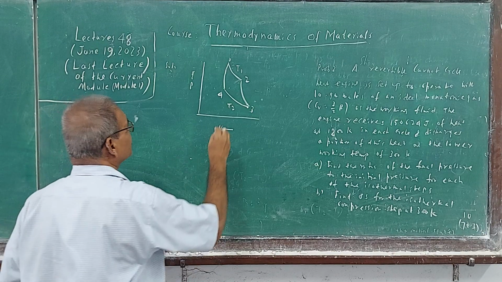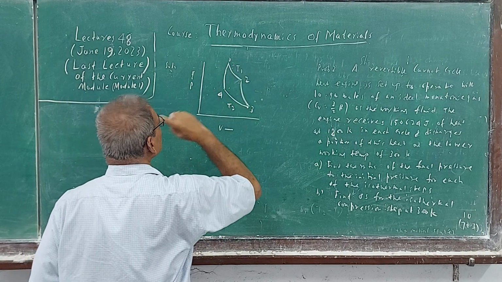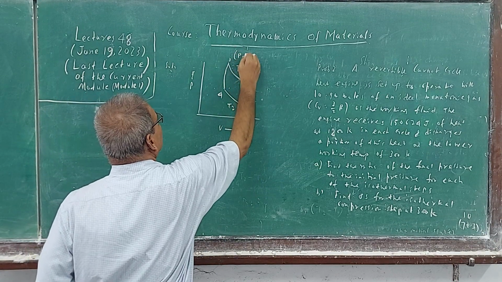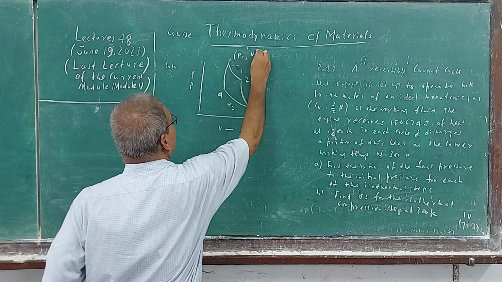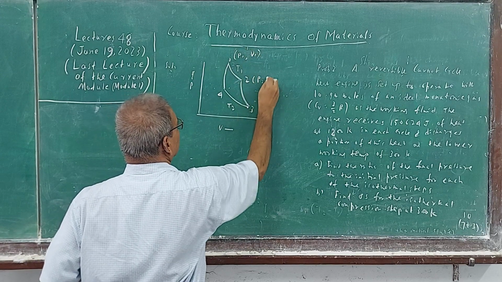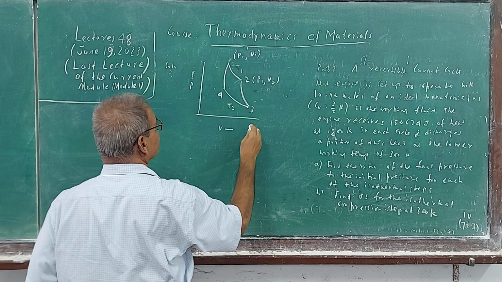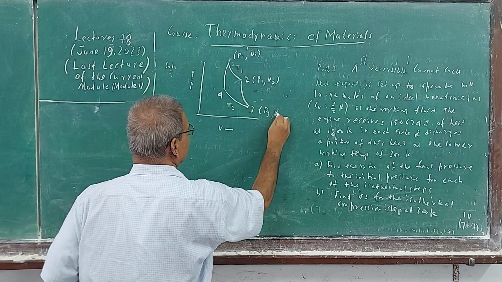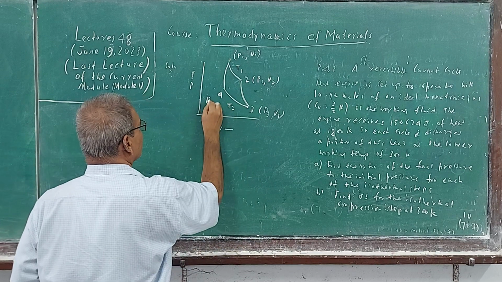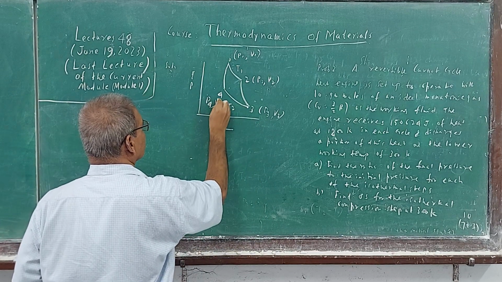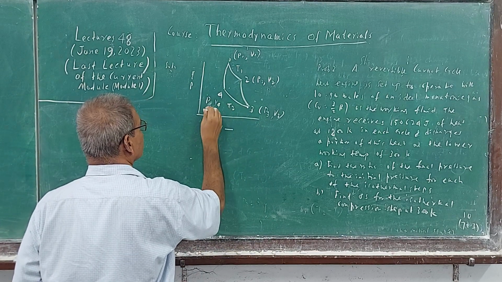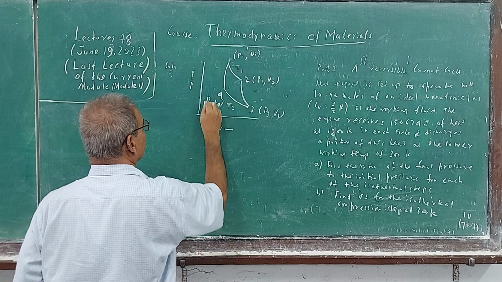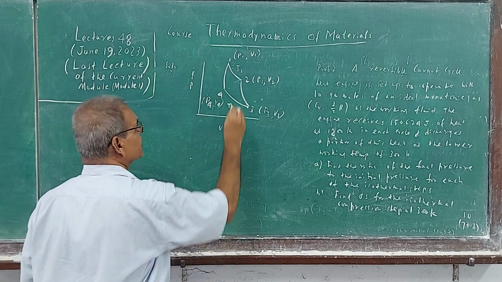Write P1, V1, then P2, V2, then P3, V3, and P4, V4. And T1 is how much?